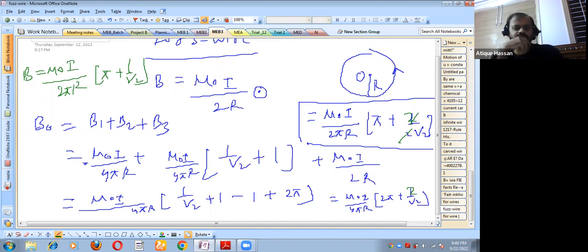And mu naught I by 4 pi r, 1 by root 2 plus 1. The second case was outward, the first case was inward. I think you're right. The directions are opposite.